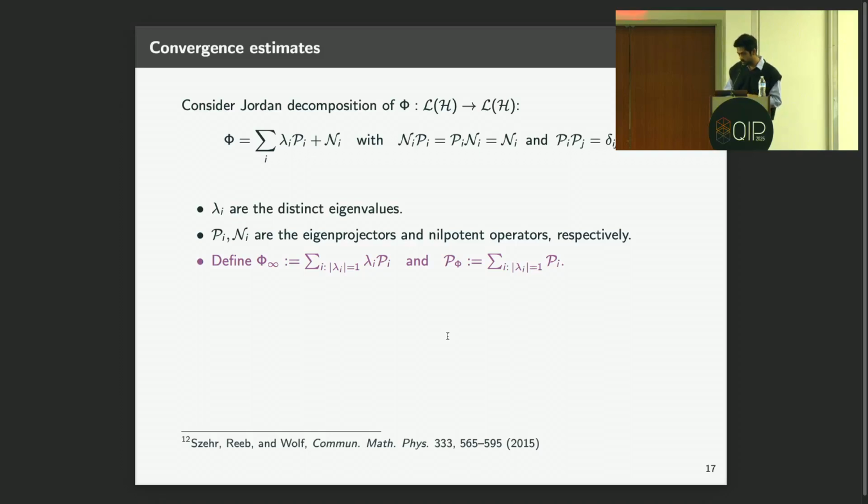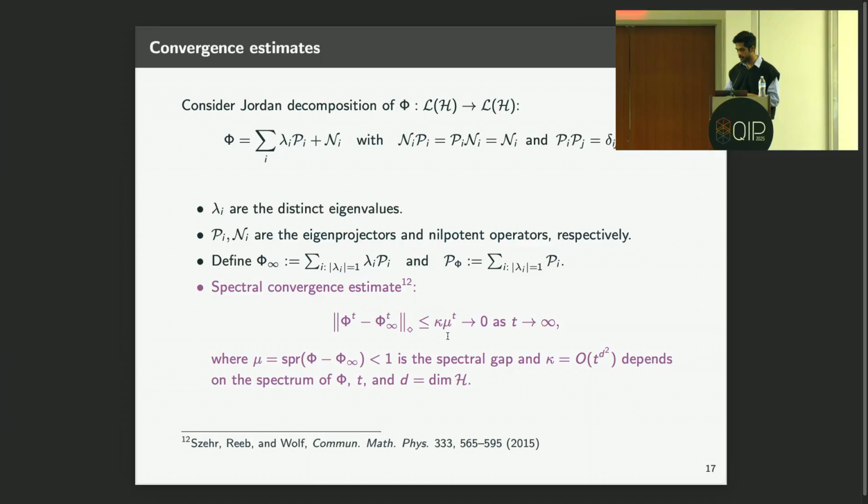And then you can get a spectral convergence estimate. As t goes to infinity, the distance of the channel to its asymptotic part exponentially goes to 0, where the exponential rate is governed by the spectral gap. In finite dimensions, there's always a spectral gap. You just remove the peripheral eigenvalues, and then you see what's the largest magnitude of the eigenvalue that's left.